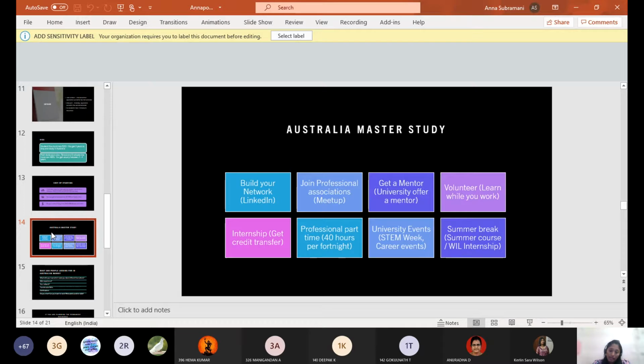Yes, LinkedIn really helped me build a network, because when I came here, I didn't know many people other than my friends, because I came together with a bunch of friends from India, almost everybody from Panimala, from different departments like computer science, EC, and E&I. So we didn't have a chance to build our network before coming here. But after coming here and starting my master's, there was a real need to build my network, because when I'm out of the uni, I don't know anybody apart from my friends.